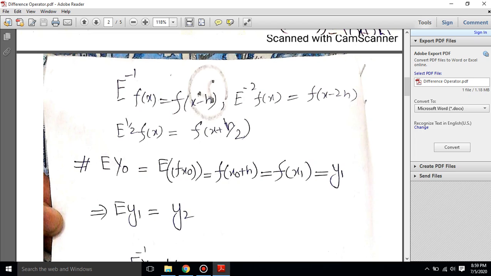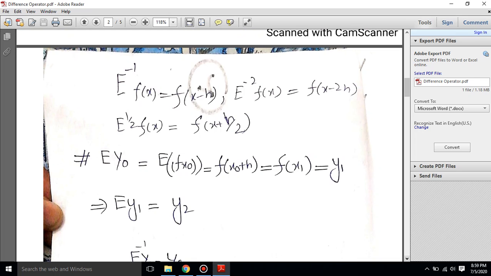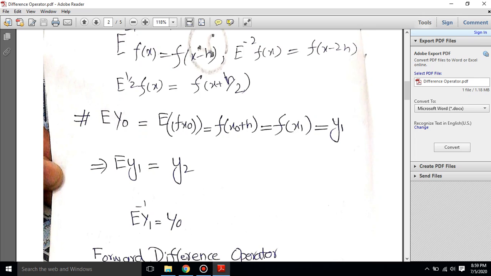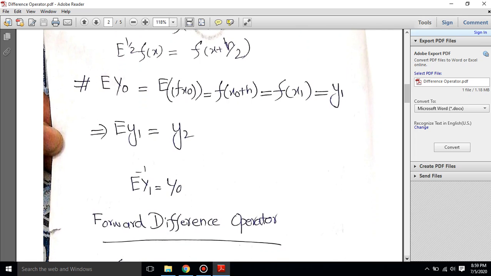So E f(x0) gives us f(x0 + h). Because x0 + h is equal to x1, that will be equal to f(x1), and f(x1) will be equal to y1. E y1 is equal to y2 as well, and E inverse y1 is equal to y0. This is the backward shifting, and this is the forward shifting as far as this shifting operator is concerned.